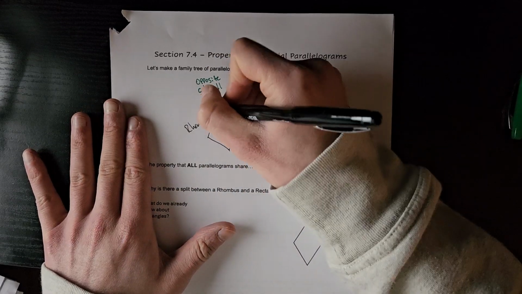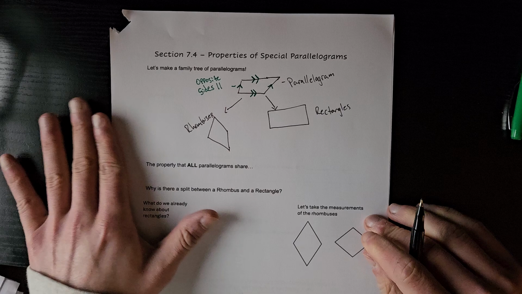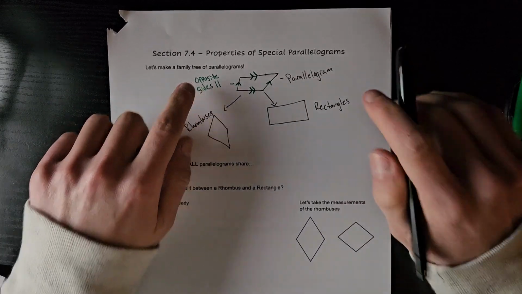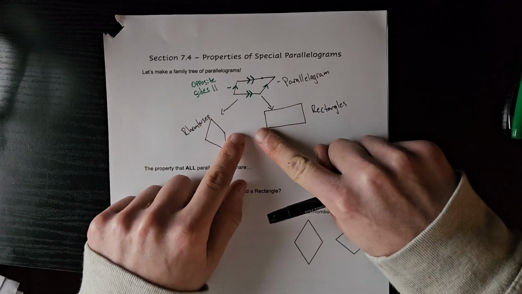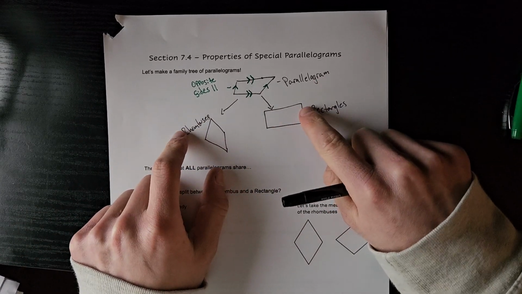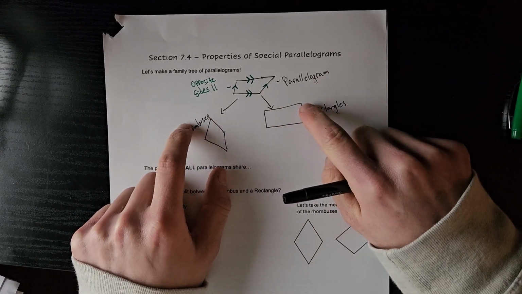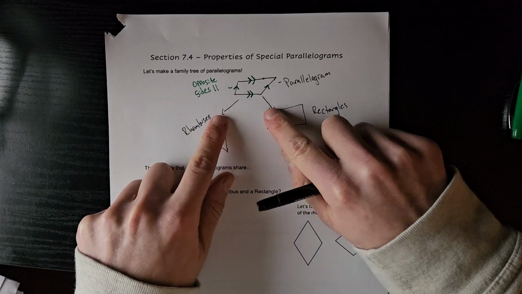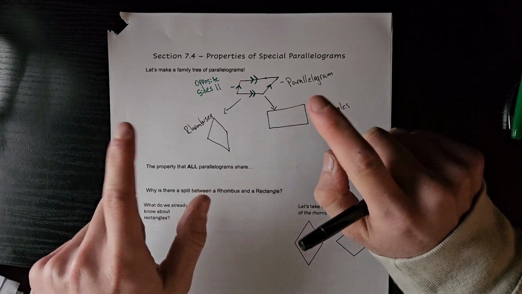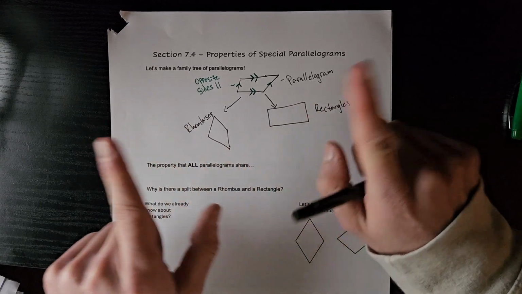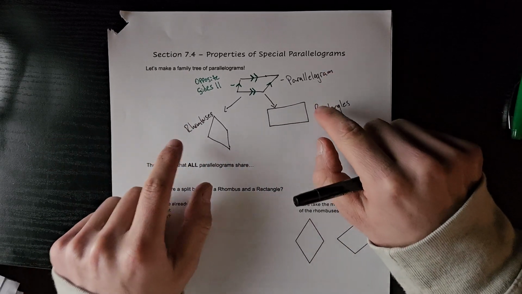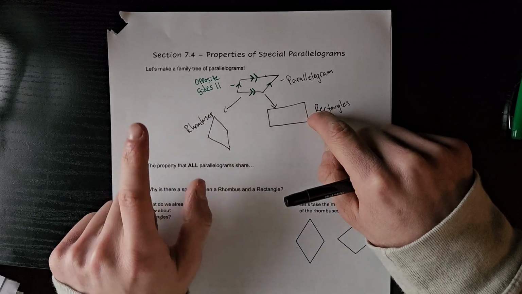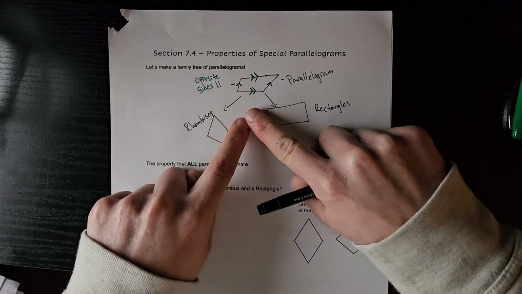So, we're going to take this, opposite sides parallel, and expand on it, going into two different subcategories of shapes that are still parallelograms. Those being rectangles, those being rhombuses. Now, the reason why we have a split is because these two shapes have different specific properties that only work for rectangles and specific properties that only work for rhombuses, which is why we have the split.